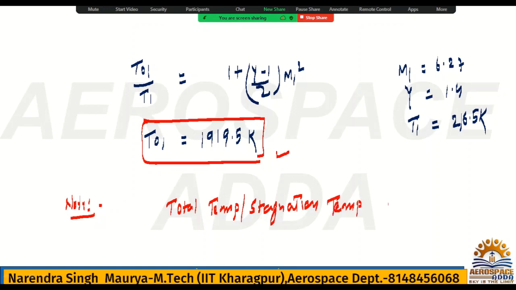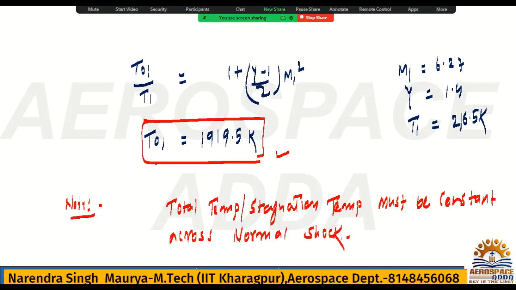Stagnation temperature must be constant across a normal shock. Because stagnation temperature will change when there is heat addition or heat rejection. We are not adding heat in a normal shock, and we are not taking heat away from a normal shock. So that's the reason total temperature is constant.